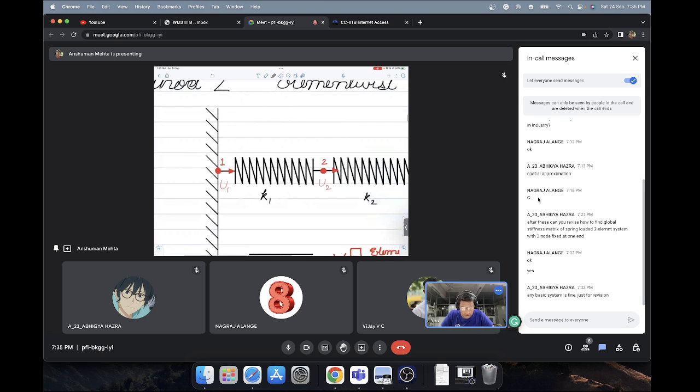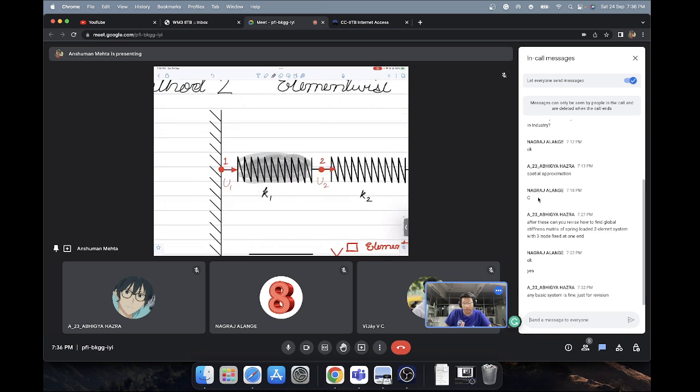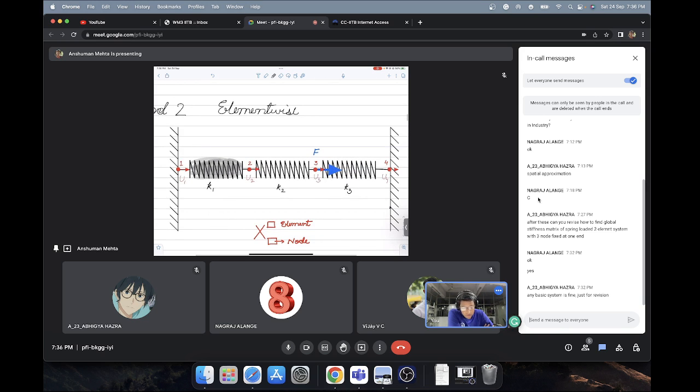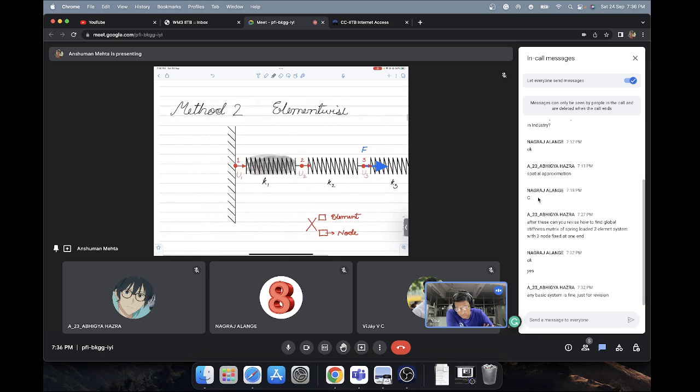For example, we look at just this one stiffness and what is happening in it, not bothering about anything apart from it. Then we move on to another stiffness, then another. So we are kind of making local coordinates.